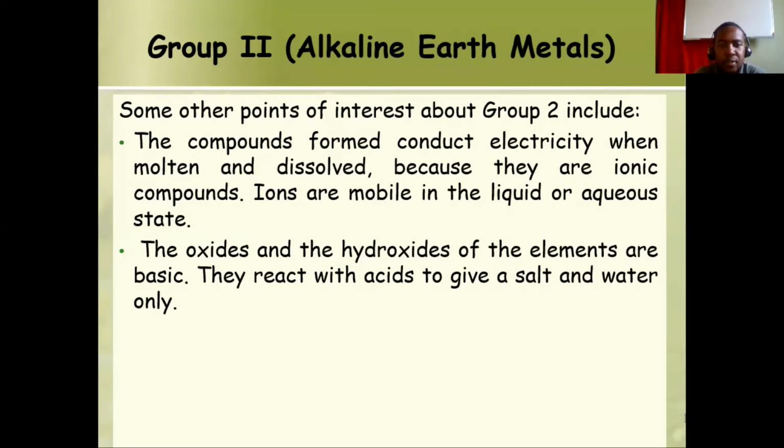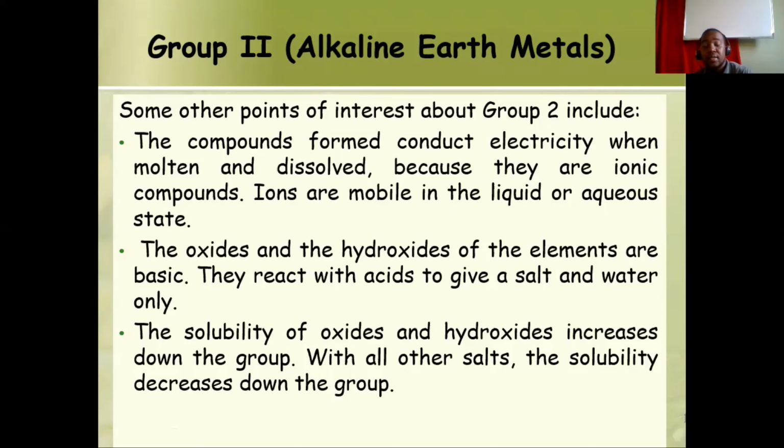All right, the solubility of oxides and hydroxides increases down the group. With all other salts, the solubility decreases down the group. Going down from beryllium to strontium, the solubility of their oxides and hydroxides increases.